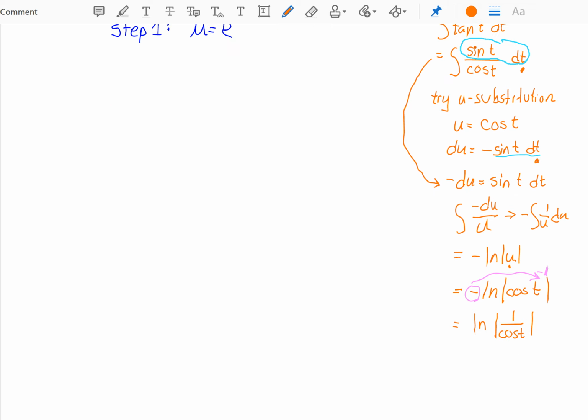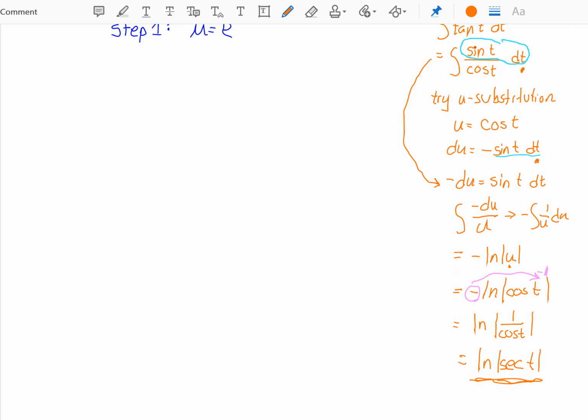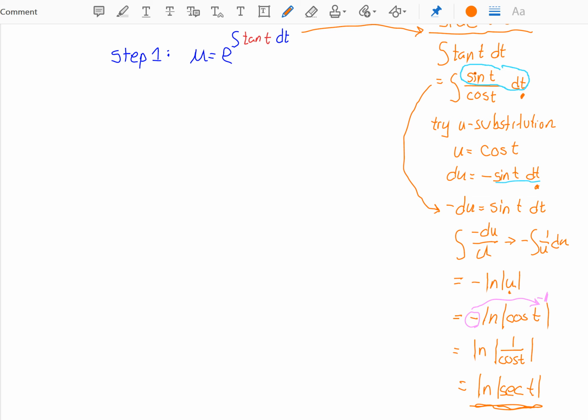However, remember, 1 over cosine is really the same thing as secant of t. And this is what I wanted you to recall as the antiderivative of tangent of t. Again, a lot of students just memorize this particular antiderivative like you remember the antiderivative of secant squared or cosine. However, if you ever forget it, this is something that you should be able to duplicate.